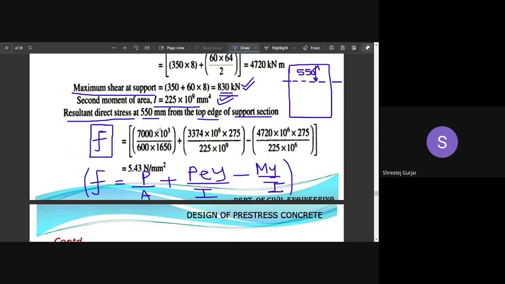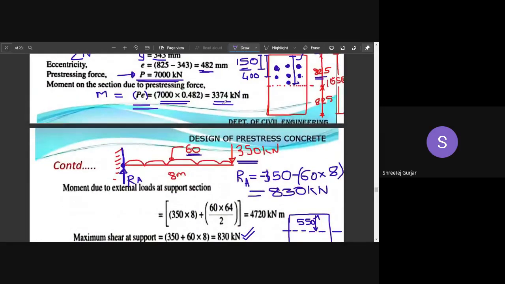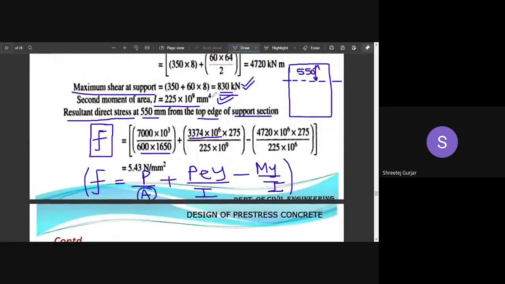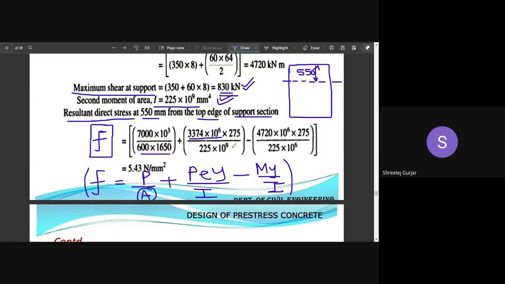Okay, so this is the equation, and they have substituted all the things. You can see P, 7,000 into 10 power 3, by the cross-sectional area of the beam, plus P into E. P into E value we have calculated here, 3374 into 10 power 6, into Y. Y is 275. So how have we arrived at this particular Y? Very important.